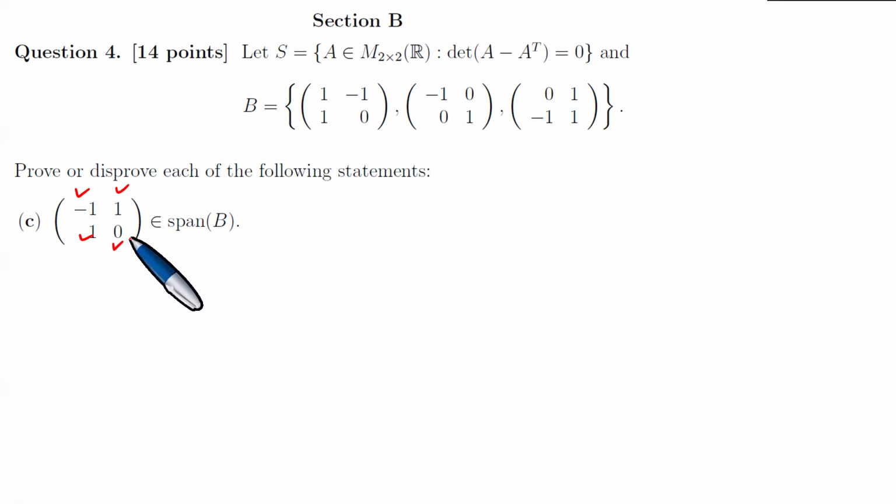So we saw that this element could not be in the span, but the examiner is like, bring it again, and now he's trying to tease us. Let us check what's going to happen with this element, -1, 1, 1, 0. It was not in the span.